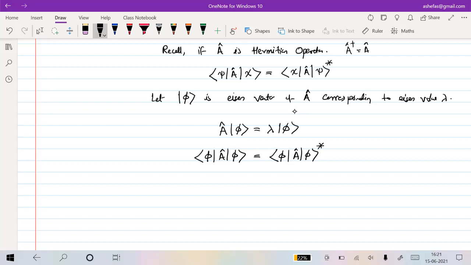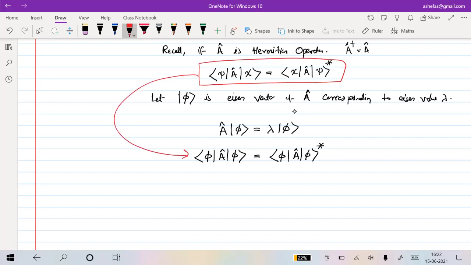What we have done is used the earlier result: if you interchange the bra phi and ket phi, you have to take a complex conjugate, and there is no need to change A if A is Hermitian. Now, A acting on ket phi is lambda ket phi, and again here, A acting on ket phi is lambda ket phi.